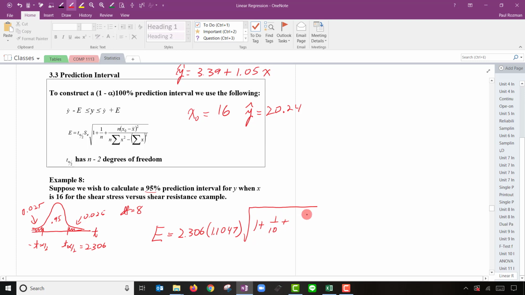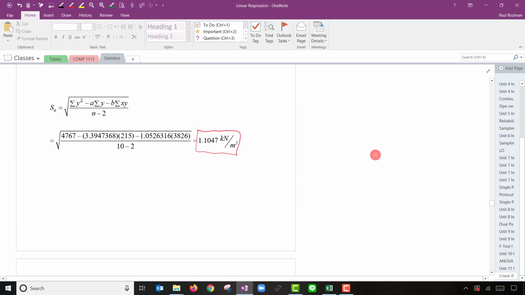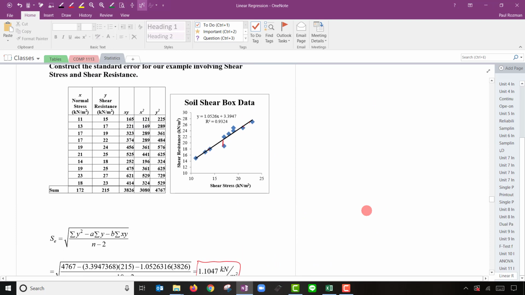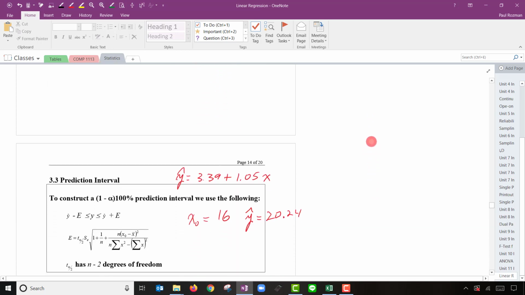That wasn't too bad. Our x naught was the value we were estimating for x, so that was our 16. And then we have x bar, which we could get from our data here. We have the sum of the values here, so it's 172 divided by 10, so 17.2.